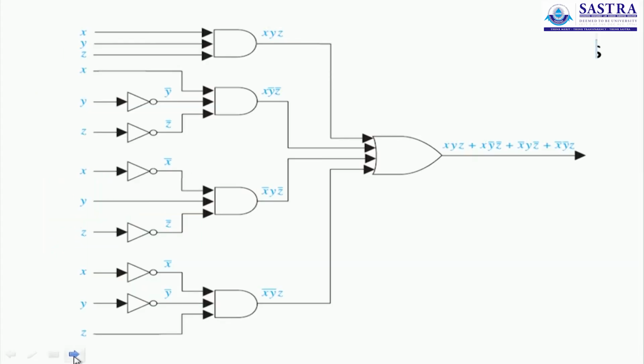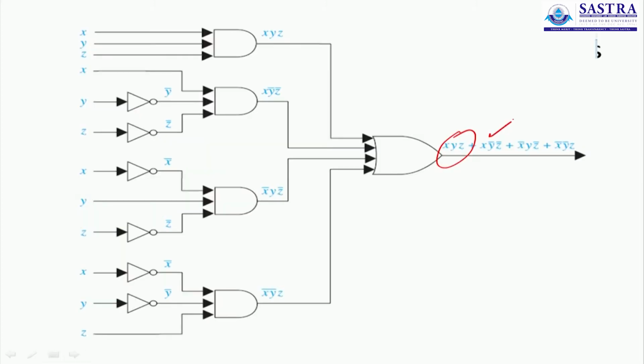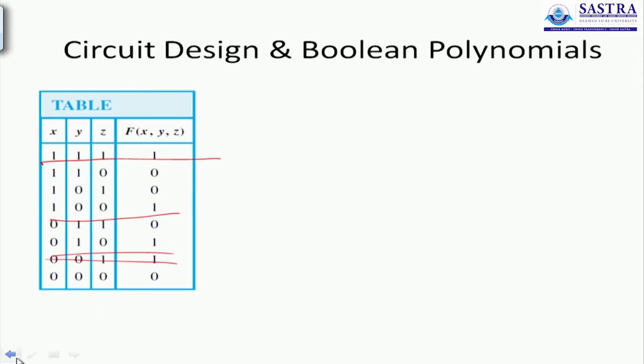That will help us design this as the circuit. Since all of them are 1s, you have x, y, z, and since you have 1, 0, 0, you will have this, and you have 0, 1, 0, you will have this, you have 0, 0, 1, you will have this. That's what is observed in the truth table. There is a 1, 1, 1, there is a 1, 0, 0, there is a 0, 1, 0, there is a 0, 0, 1.